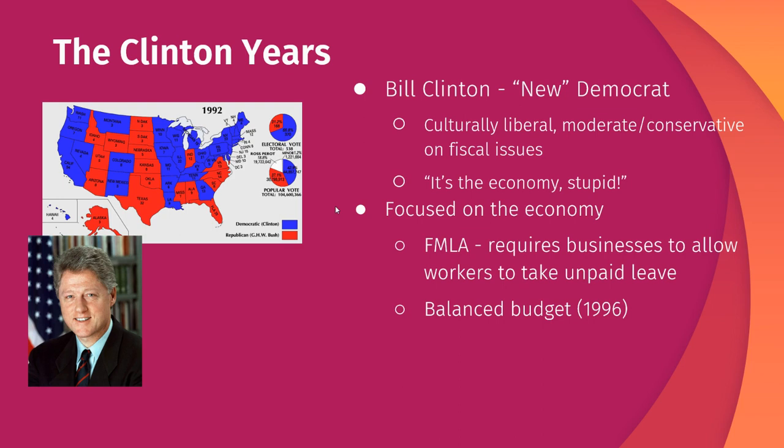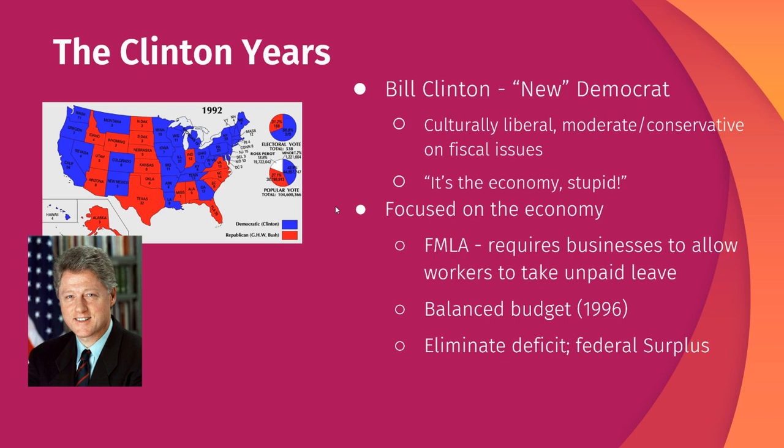Clinton is not going to be that type of a Democrat. He is going to work to lower the debt, to balance the budget. He is going to lower taxes. He is going to roll back federal social safety net spending. So he is a very different type of Democrat compared to what came before him.